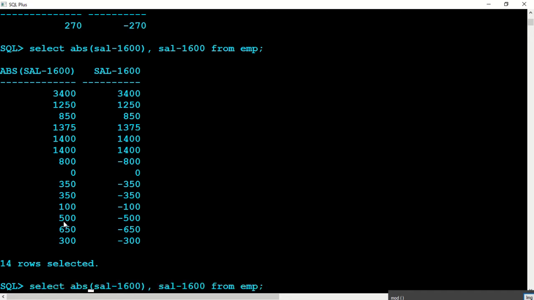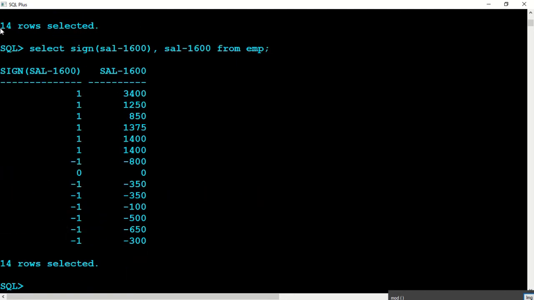In a similar case, if I say SIGN of sal minus 1600, again the same thing. Here, sign means if it is positive, it will give you 1, if it is negative, -1, and if it is 0, it will give you 0. So for sal minus 1600, the positive values give 1.